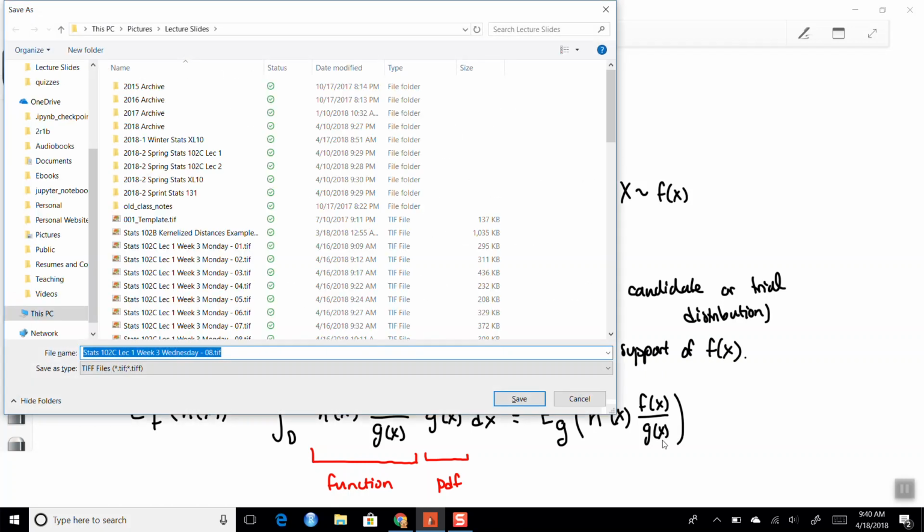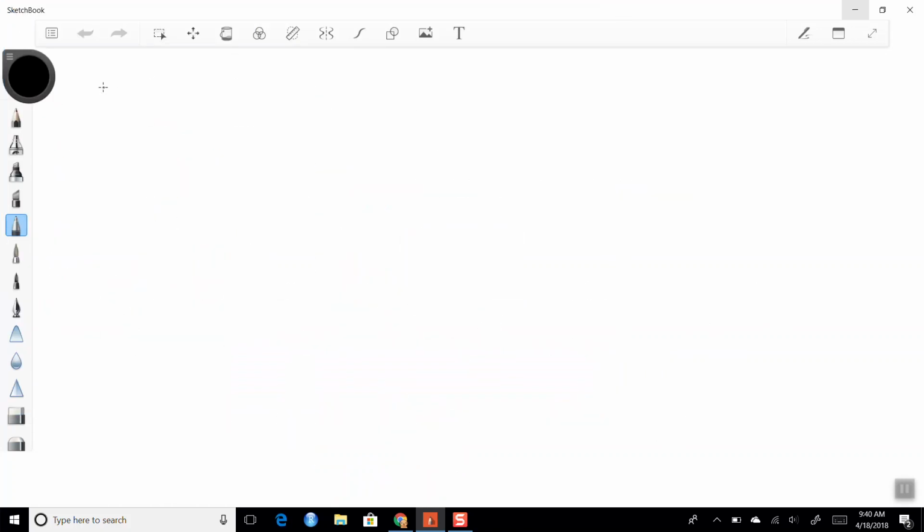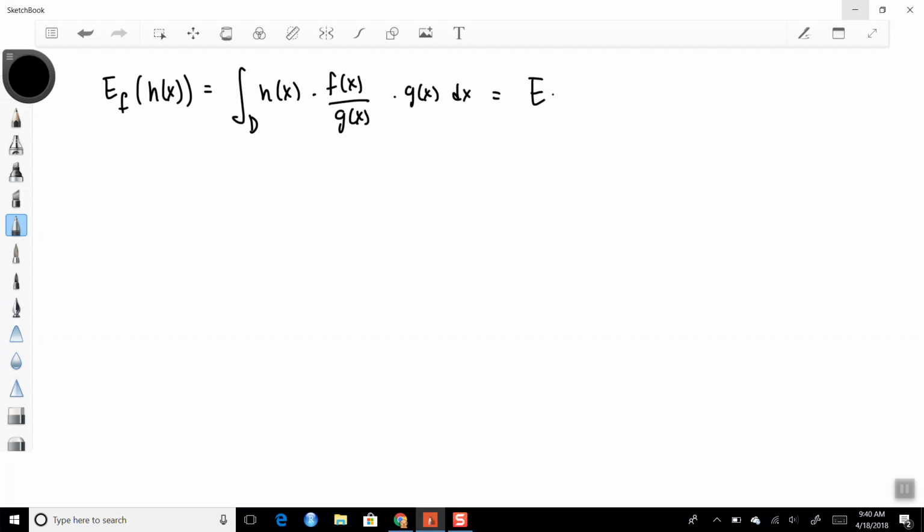So the idea here: again, this is h of x, and then we want this, but I'm going to divide by g of x and multiply by g of x dx, and this becomes the expected value over the function g of h of x f of x over g of x.